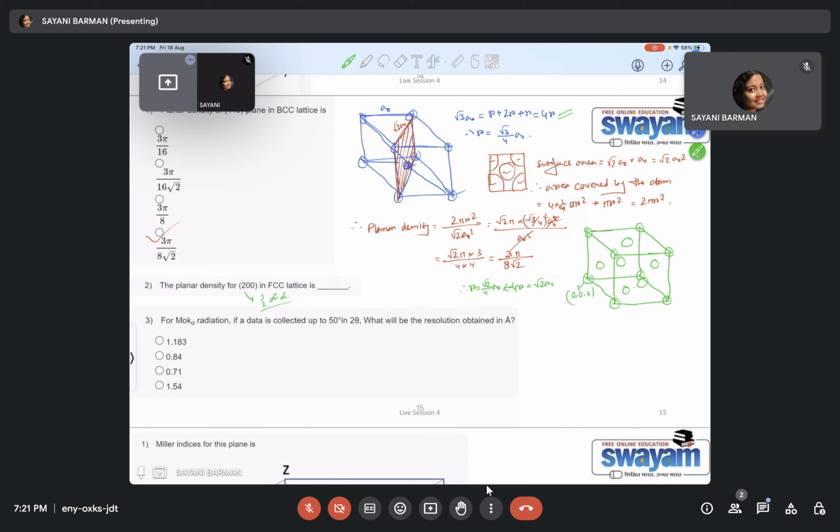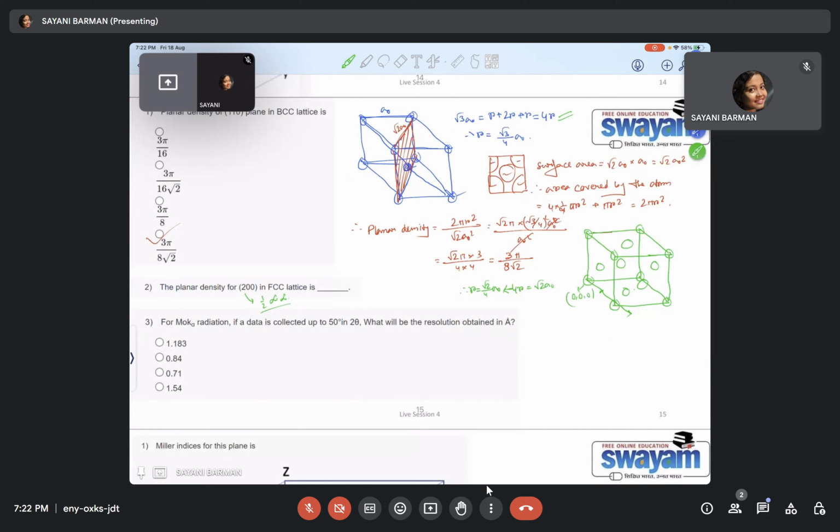This means the intercept will be this: half along the x-axis, and infinite along the others, meaning this plane is perpendicular to the y and z axes. So it is half along x, but there is no y intercept. Y is perpendicular, z is perpendicular.